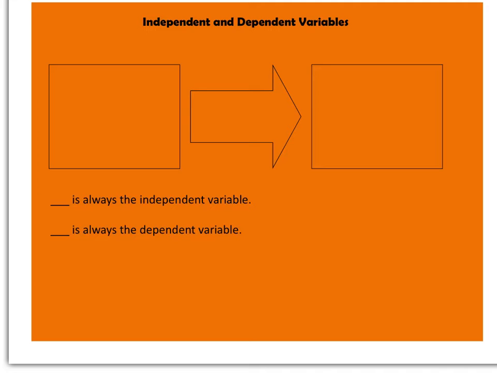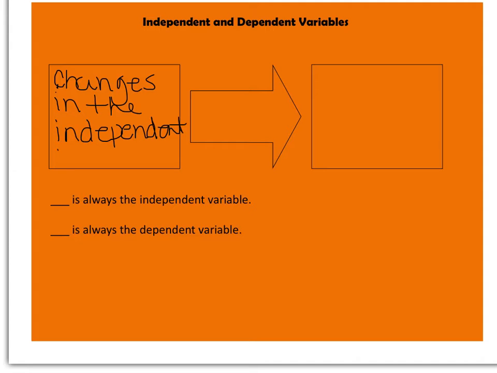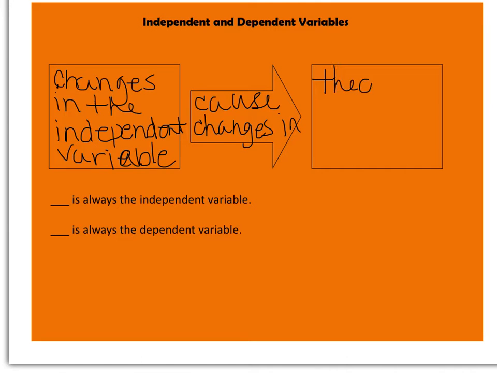So basically, the changes in the independent variable, and then in your arrow, cause changes in, and then in the last box, the dependent variable.